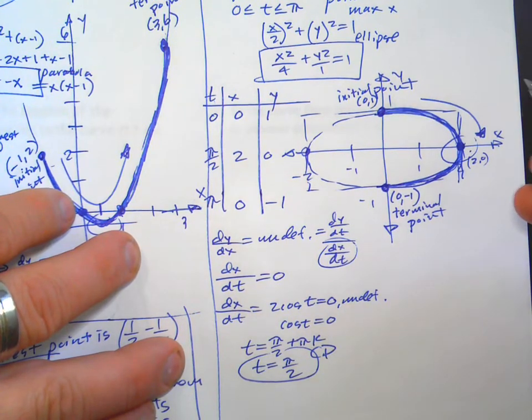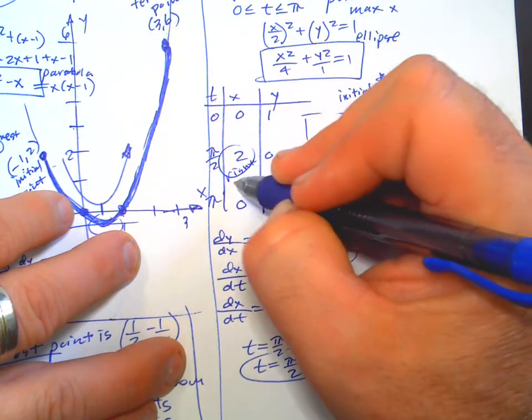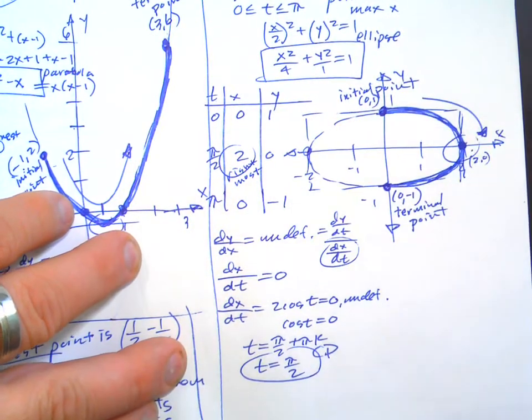So this right here is the rightmost x value. It's the x's that we care about. So we found it.